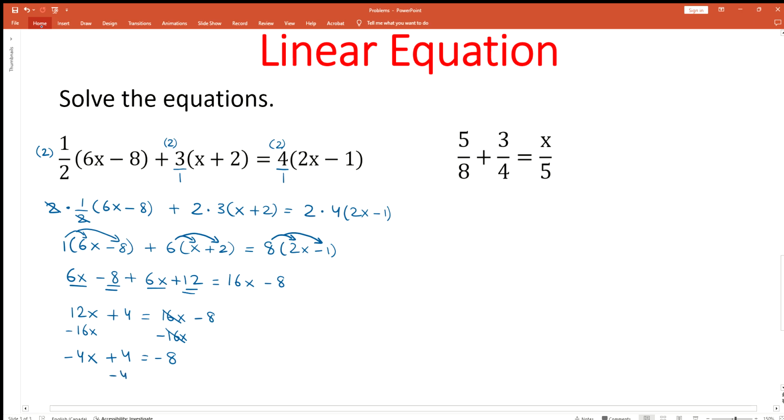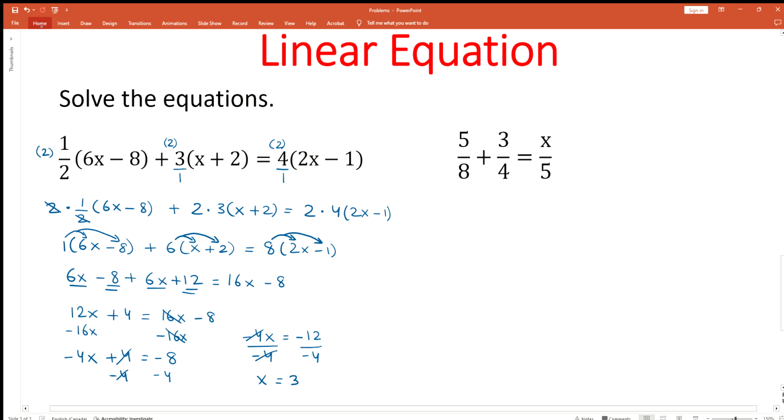We should subtract 4 from both sides. Negative 8 minus 4 is equal to negative 12. Next, we should divide both sides by negative 4. Negative 12 divided by negative 4 is equal to positive 3. This is the solution for the first equation.